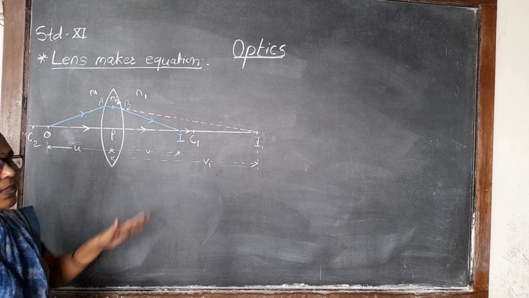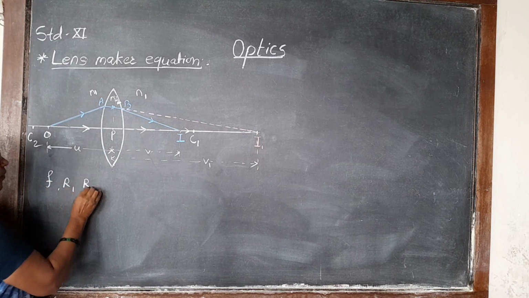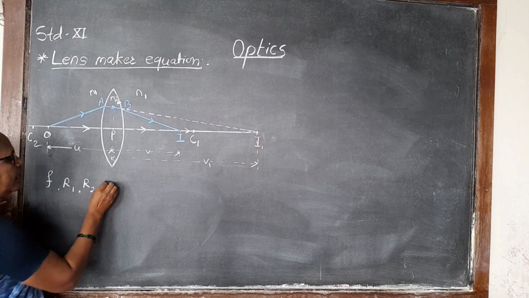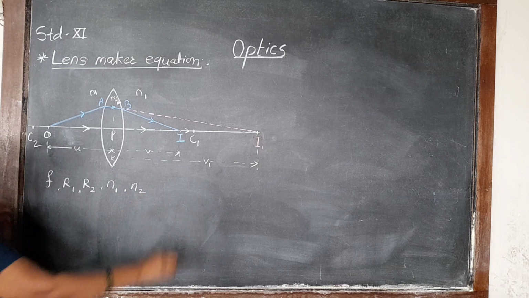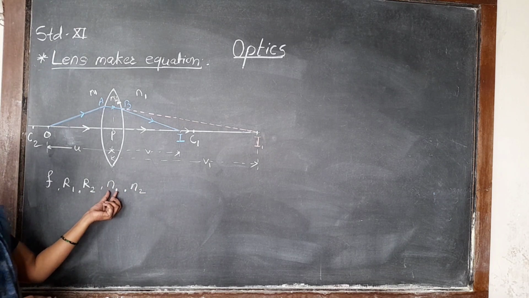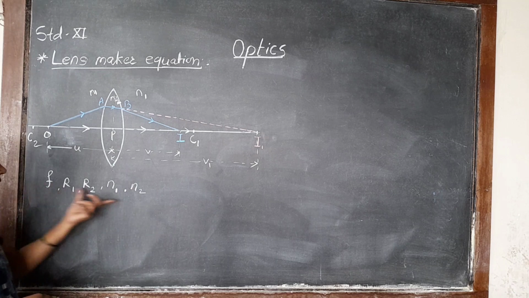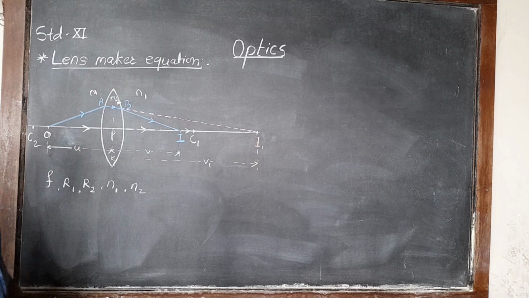So relating focal length, radius of curvature for both surfaces, the refractive index of the material and also the refractive index of the surrounding medium, let it be N1 and N2, means the lens maker equation.